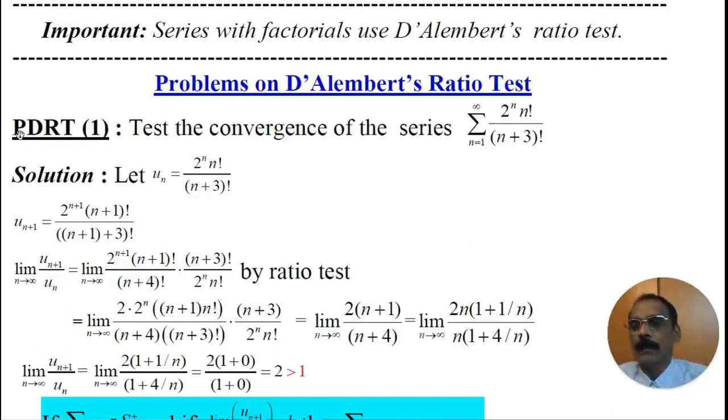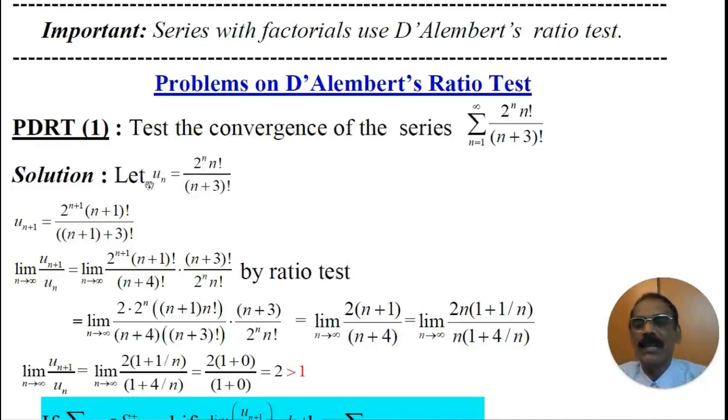Test the convergence of the series 2 to the power n into n factorial divided by n plus 3 factorial. This series contains factorial notations. Therefore, we will apply D'Alembert's ratio test to find the convergence of the series.